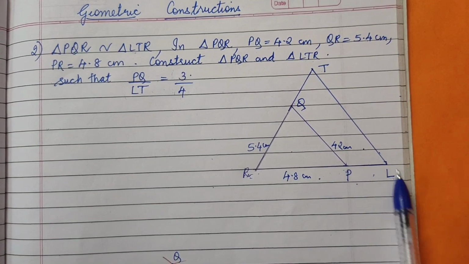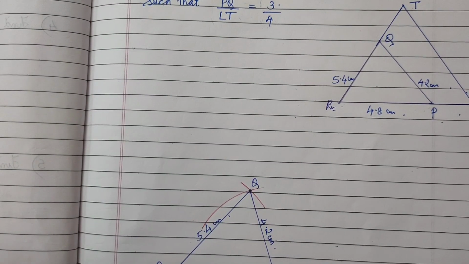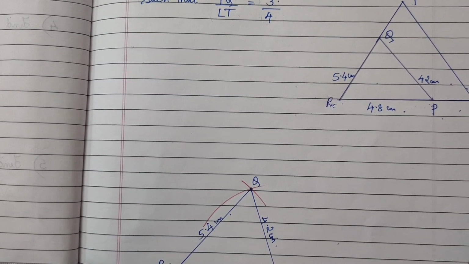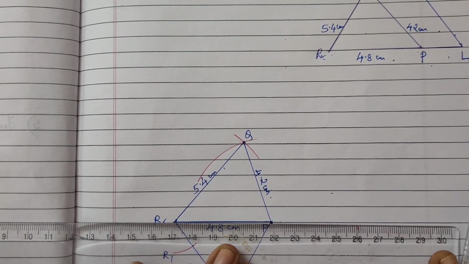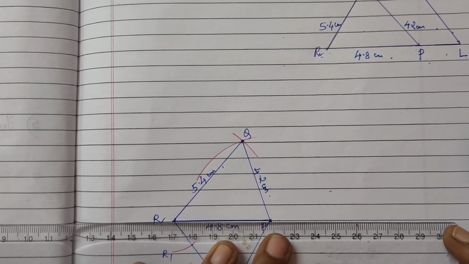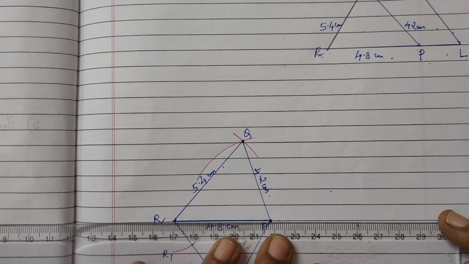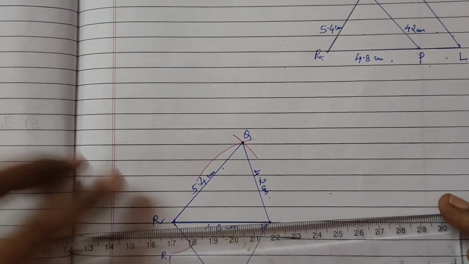As I said, we need to extend from both the ends here. So I'm going to extend it. From here, I need to extend roughly with the scale. I'll take another small scale.